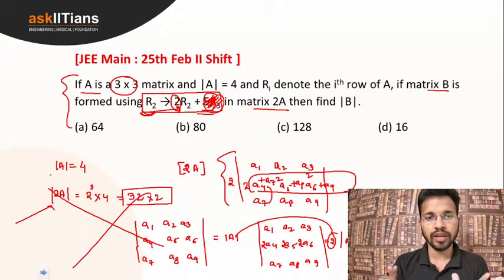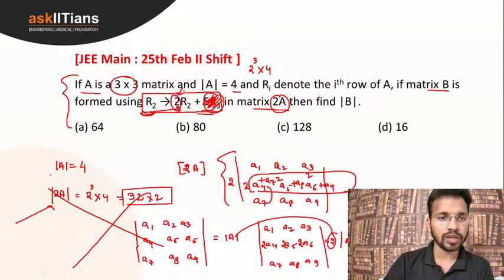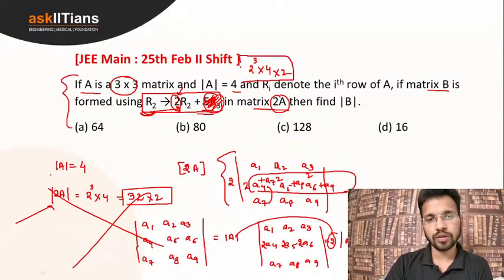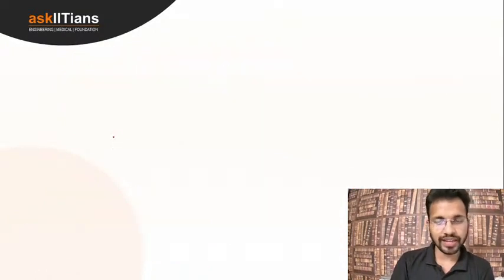This was for conceptual understanding. While doing it in the paper, once we know that only one row is getting multiplied by 2, we could directly get the answer as 64 in this case, right guys?